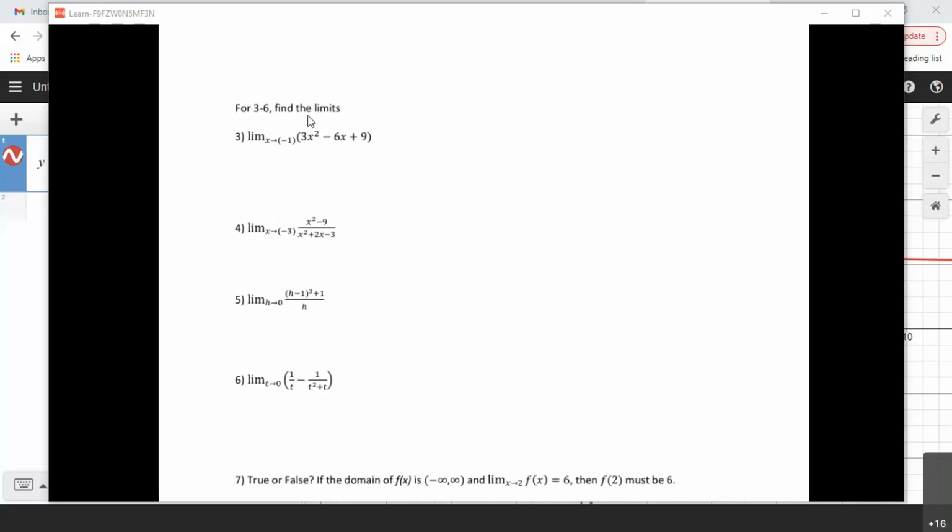Now, if you take a look at this function, what kind of function is number 3? Again, I'm asking what family of functions? Polynomial.